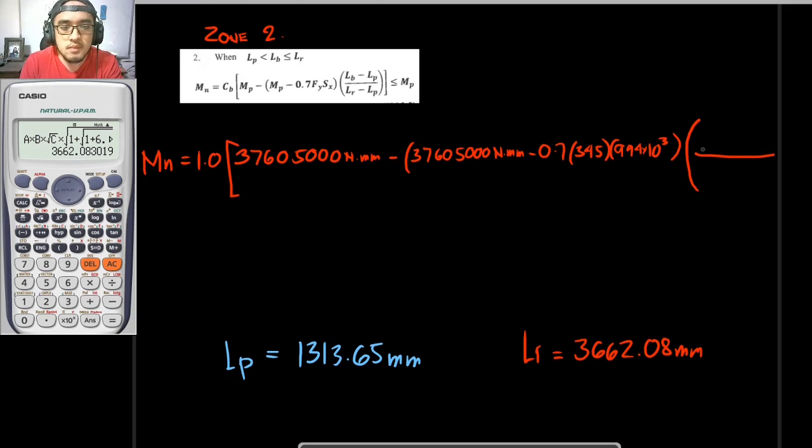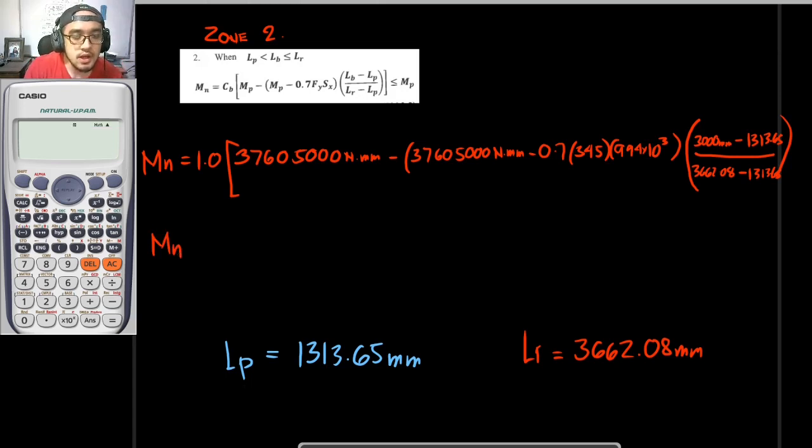For my Lb, that is 3000 mm, the unbraced length, minus Lp, and my Lp is 1313.65, and my Lr is 3662.08, and my Lp is equal to 1313.65.